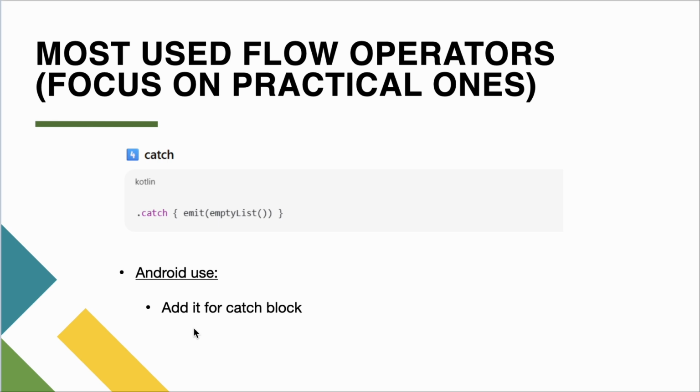First, that we are not going to handle in the try block, that we are going to handle in the catch block. Try would always have the actual data, and the catch block would have, okay, I don't want to return the exception, rather I want to return the empty list. So how I have to emit it, that piece of code I will add and return in the catch block, and that is the place where I would use this operator.